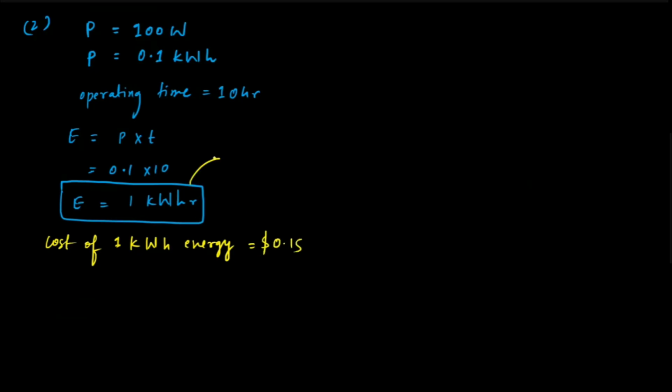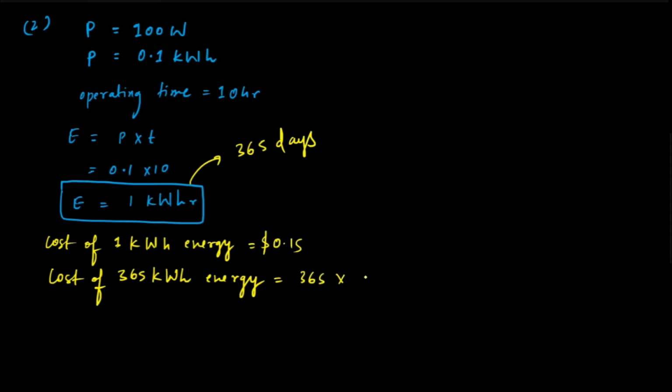Now, if it runs for 365 days, the total cost is going to be what? Tell me. It is 1 times 365 times 0.15.